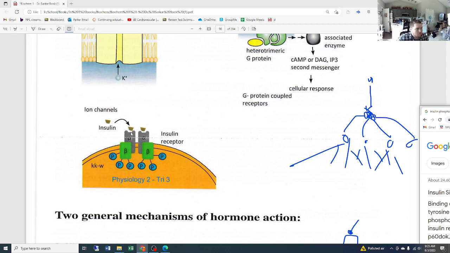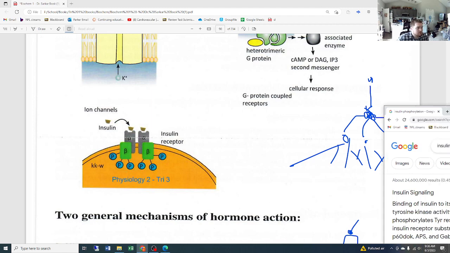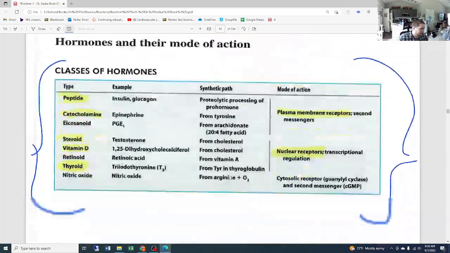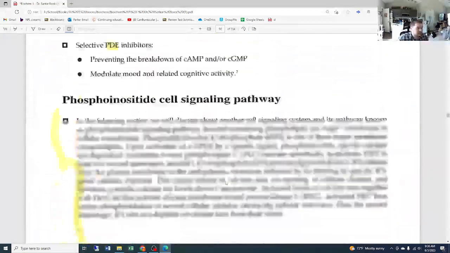So insulin binds, and inside of that receptor, as part of it, it has an intrinsic tyrosine kinase activity. So the tyrosine kinase, remember kinase refers to phosphorylation. So literally inside it's going to phosphorylate tyrosine. Okay? Tyrosine kinase phosphorylates tyrosine residues of a target protein, such as the insulin receptor substrate, and a couple of those other funky names. We don't need to know those too well. Okay, and that is how it starts its reaction.